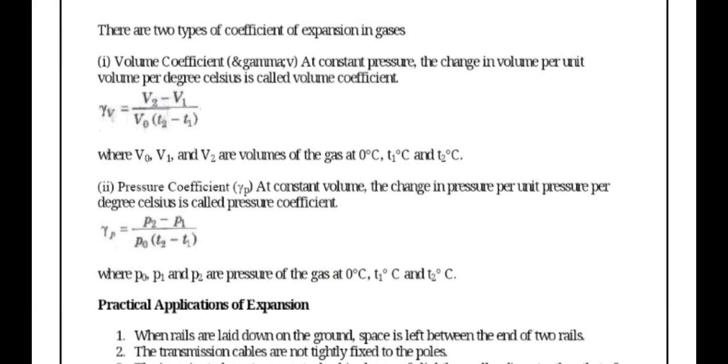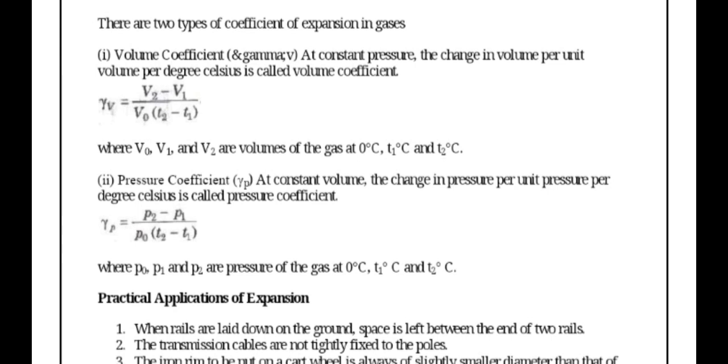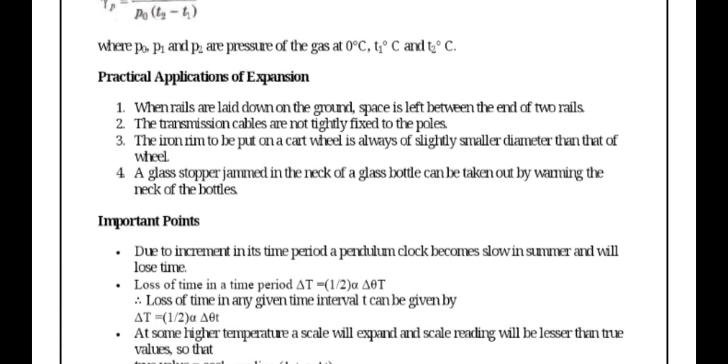The volume coefficient at constant pressure is the change in volume per unit volume per degree Celsius, (V2 − V1) / (V0 (T2 − T1)). The pressure coefficient at constant volume is the change in pressure per unit pressure per degree Celsius, (P2 − P1) / (P0 (T2 − T1)).